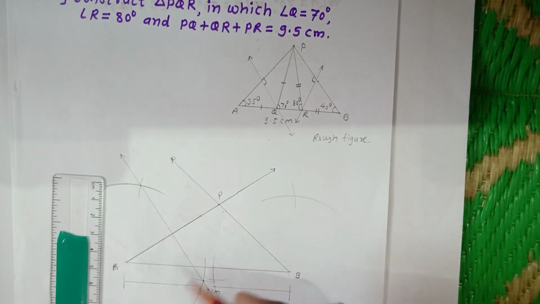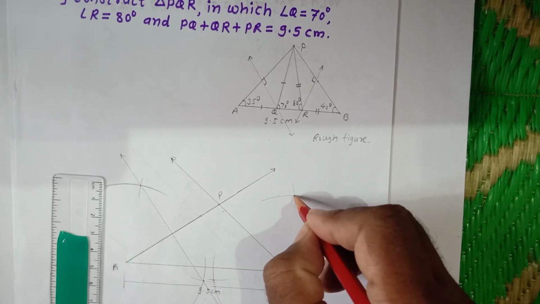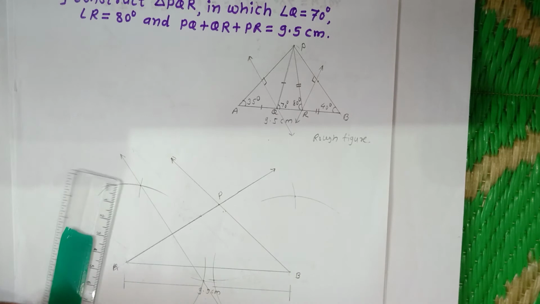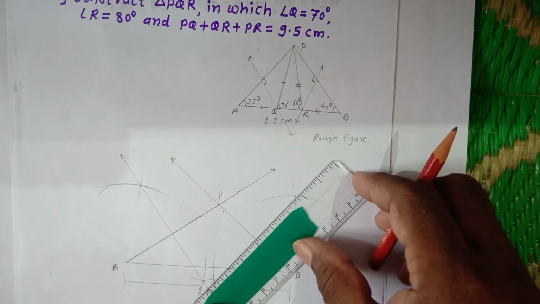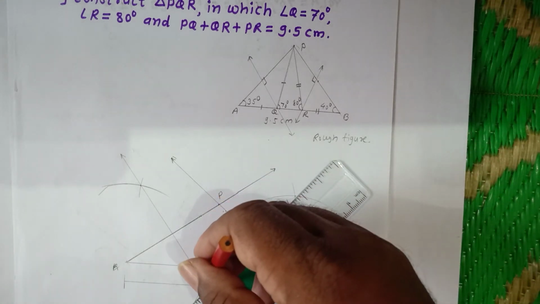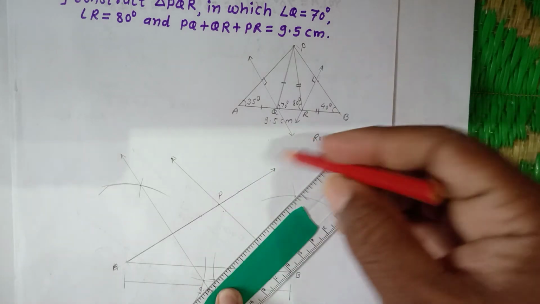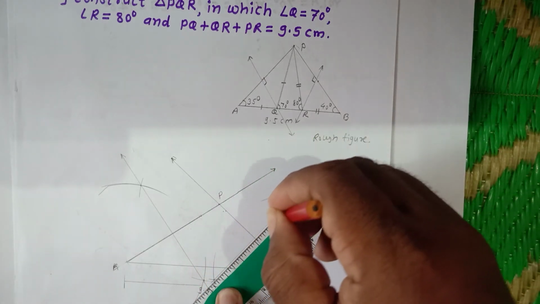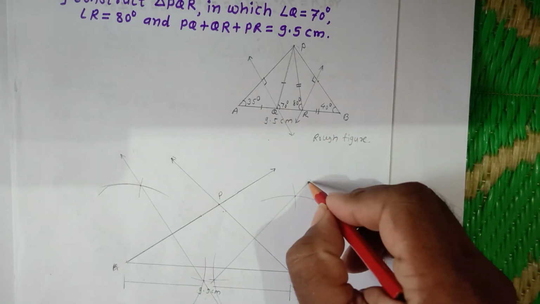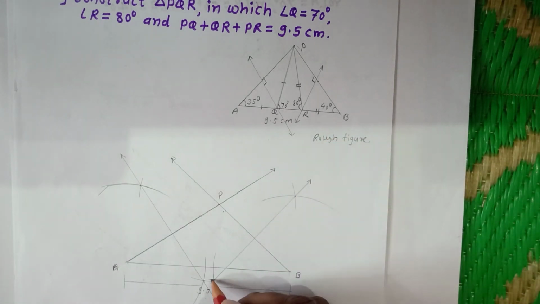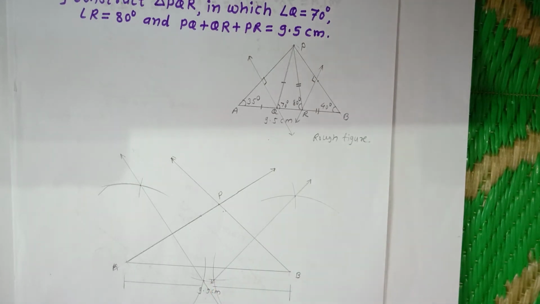So we get these 2 points of intersection. Now join these 2 points of intersection of arcs in this way. This is perpendicular bisector of PB.